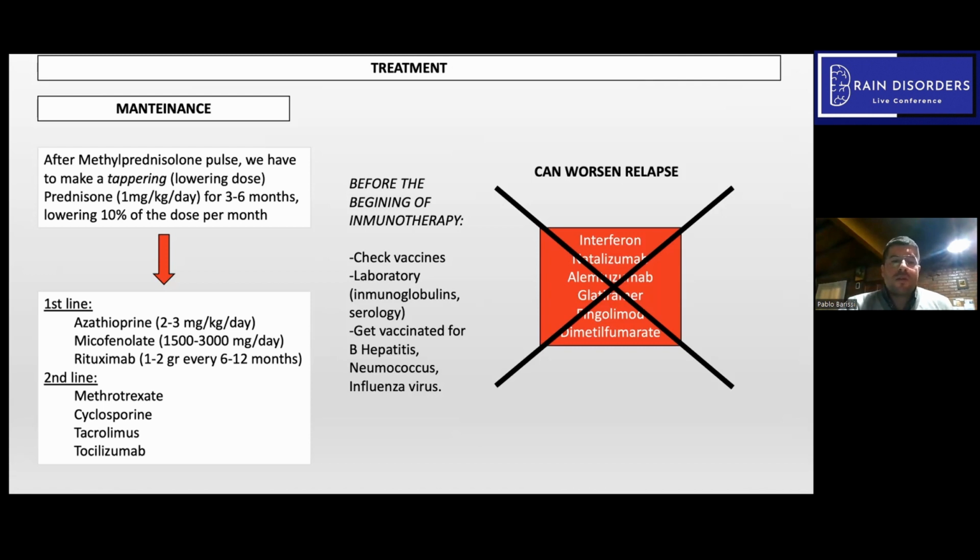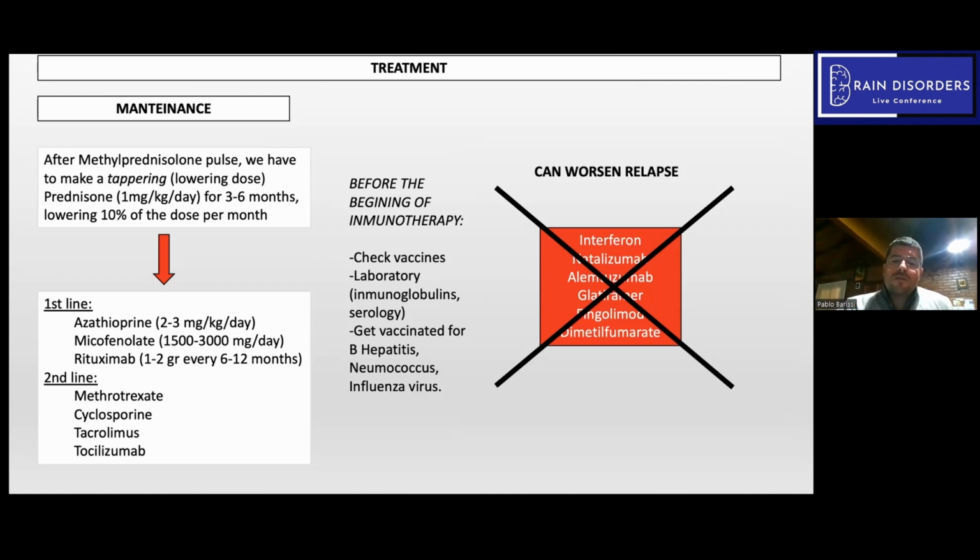Azathioprine is really good and really cheap, but it has some collateral effects that we have to take care of. So before the beginning of the immunotherapy, we have to check vaccines, laboratory immunoglobulins, and serology: HIV, syphilis, Hep B, and others.